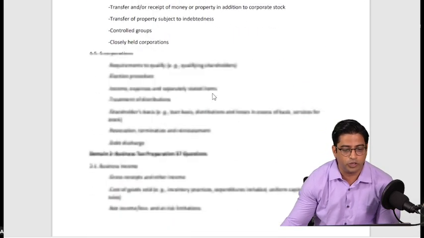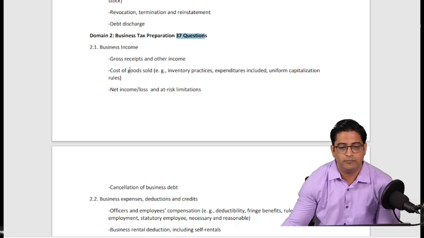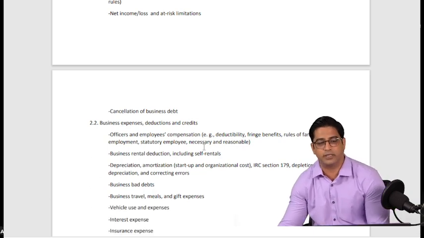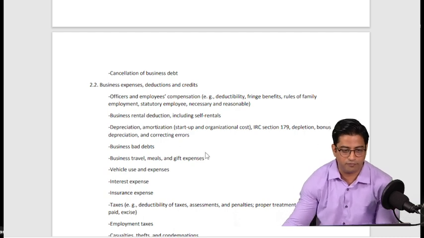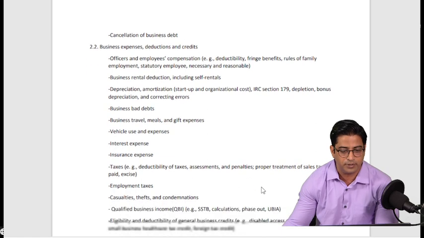Okay. So domain 2. What does domain 2 talk about? Domain 2 is of 37 questions. Domain 2 talks about business income, gross receipts, cost of goods sold, at-risk limitations, and the expenses, deductions, and credits as part of businesses. So how much can we claim as part of business expenses? All those deductions and credits will be discussed as part of the second chapter.